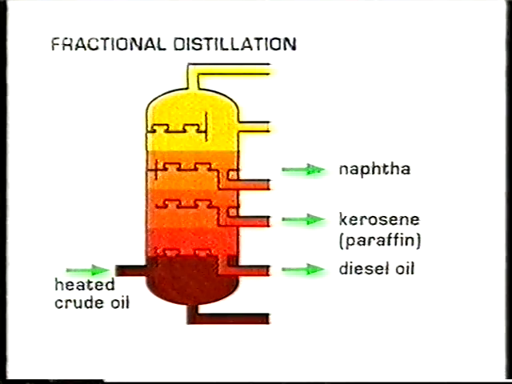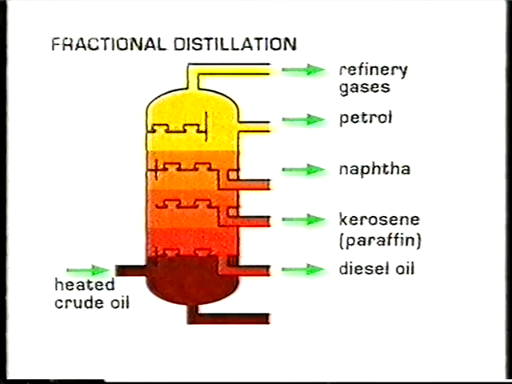Next, naphtha, used to produce plastics. Then petrol, used in cars. And finally, at the top, where it's coolest, the refinery gases come off, including the alkanes like methane and propane, to be used as fuel. The residue left at the bottom goes to make lubricating oil, grease and bitumen for road surfaces, roofing and waterproofing.